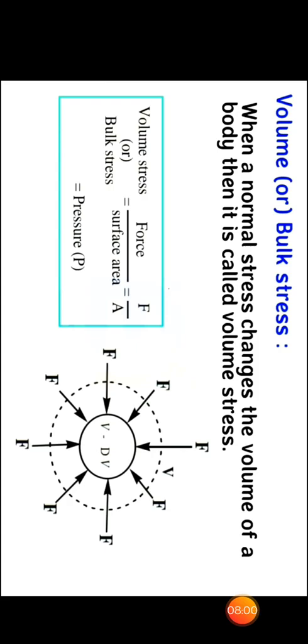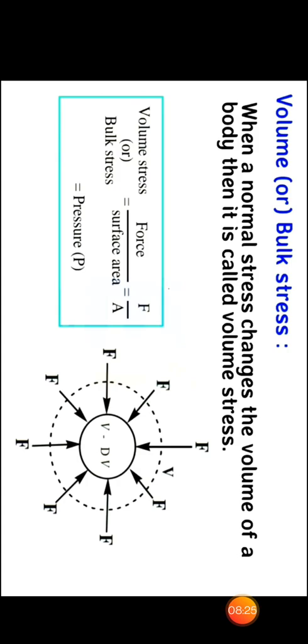The surface area is A, and the volume changes from V to V minus dV. Such a stress, which produces a change in size but not a change in shape, is called volume stress.